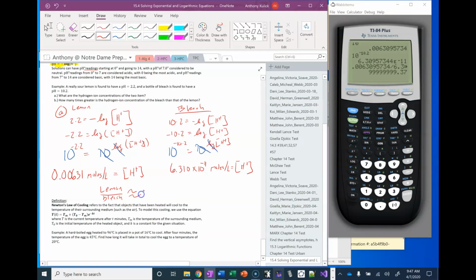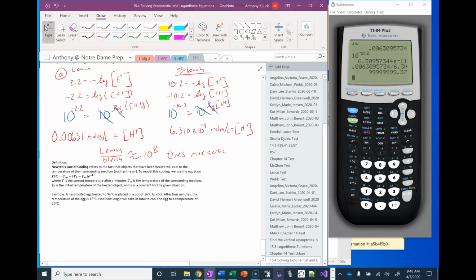Which is about, if I counted that up, that's about a 1 with 9 zeros after it. Yeah, 9 zeros, so 10 to the 8th. So the lemon is 10 to the 8th times more acidic. You know, 100 million times the concentration.